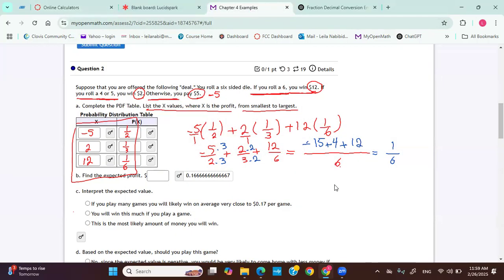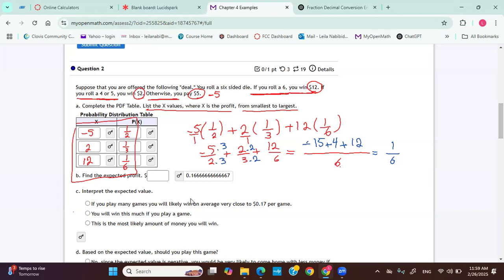Okay, so I recommend every time you have fractions as your probability, work with the handy calculator and work manually. Now after finding this expected profit, you will see that the expected value is positive. Whenever we have a positive expected value, it means it's good if we play the game, because the chance of winning is more than the chance of losing.